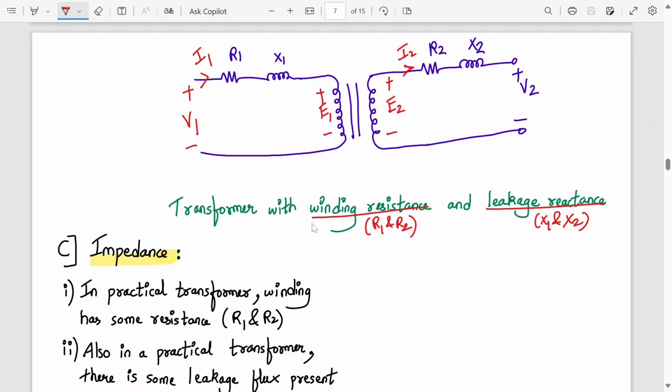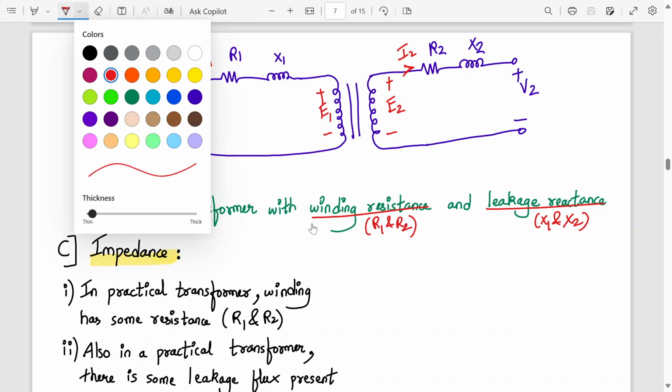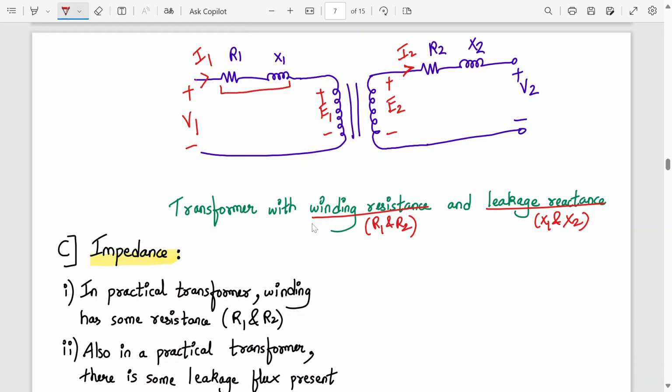Okay. Next is impedance. So basically in the practical transformer, as we have already discussed, the winding has some resistance R1 and R2 in the primary and secondary. And also in a practical transformer, there is some leakage flux present near the primary and the secondary. So the effects of the primary and secondary leakage fluxes are represented by reactances X1 and X2. So this together can be called Z1, and this together, R2 and X2, is called Z2.